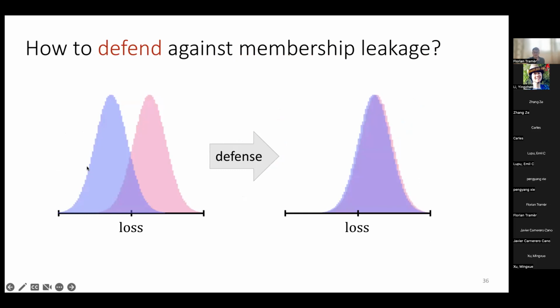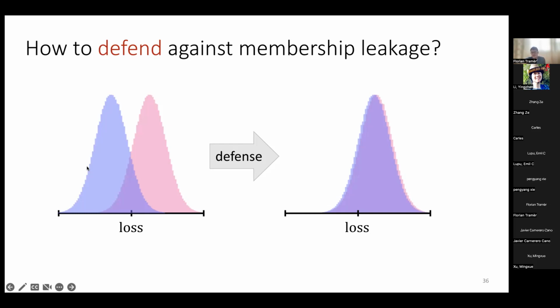And so here, if we want to defend our model, our training procedure, against membership leakage, we essentially want to find a way to get these loss distributions to overlap again. We want to make sure that whether we train on a specific example or not, this is going to be hard to infer or to observe for the adversary.